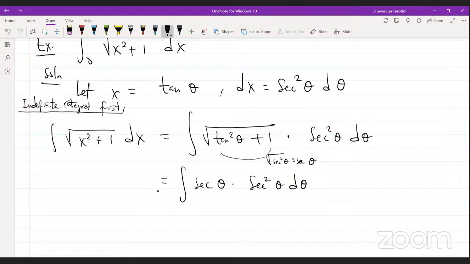Okay, that way, what happens? This guy becomes a secant cubed of theta d theta. All right, so now we're here.